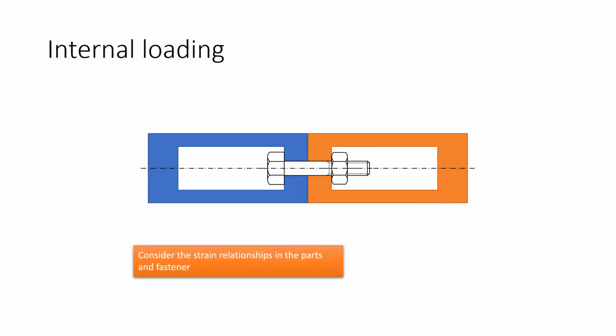So if we consider the internal loading, you can think about the strain relationships in the parts and the fastener, and the geometrical constraints that help us understand what the loads are in each.